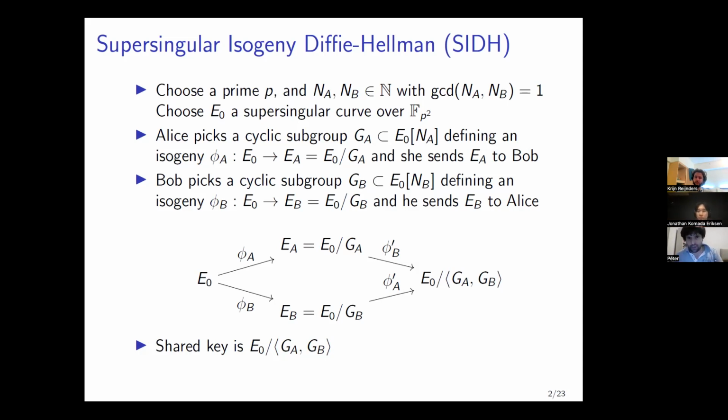I think everyone has seen the slide, but the main idea at the time was to get some sort of group action on the key space of SIDH, utilizing this torsion point information that is given to you in SIDH.